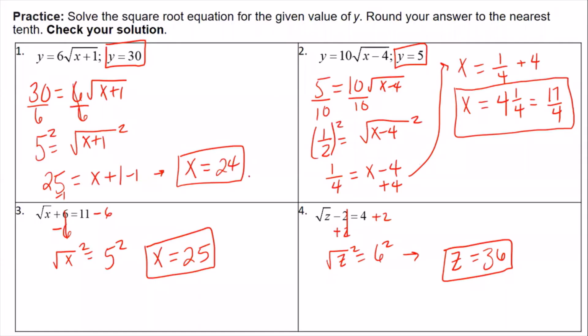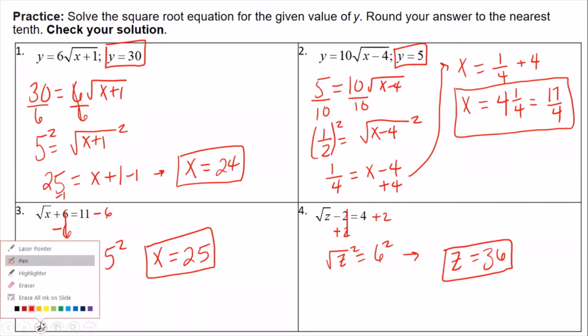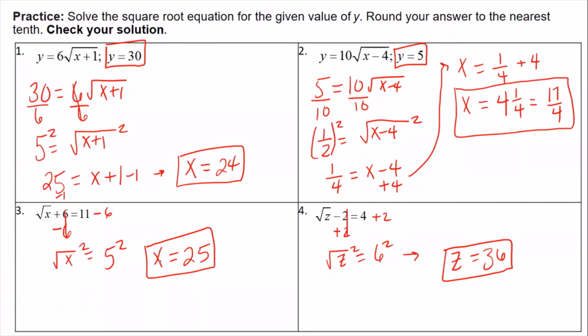All right, let's check and see how we did. These are the solutions you should have ended up with. Number 1, we have x equals 24. To check yourself, these problems you shouldn't get wrong because you can always check yourself. So 30 equals 6 times the square root of 24 plus 1. That gives me 30 equals 6 times the square root of 25.